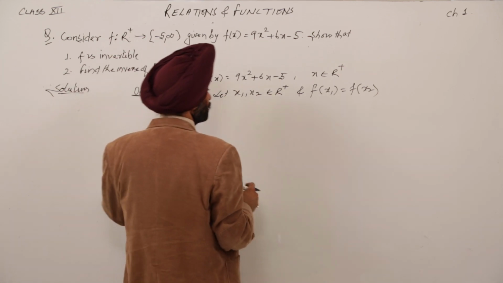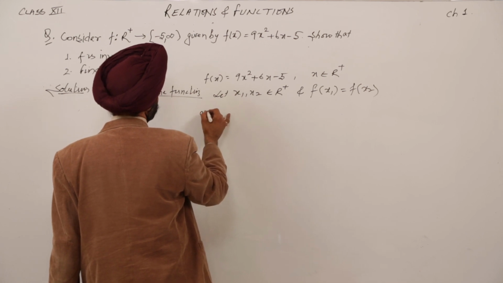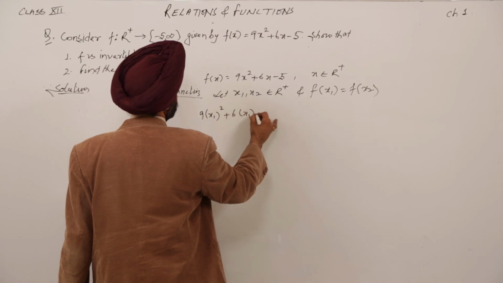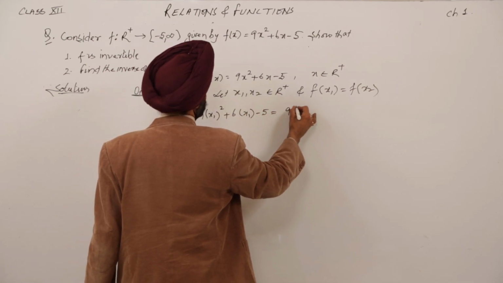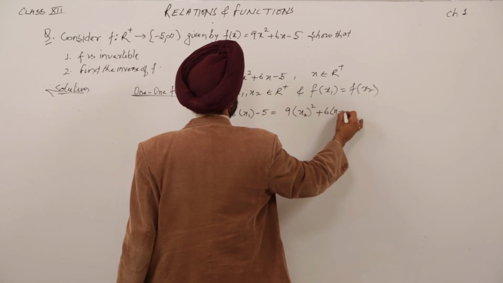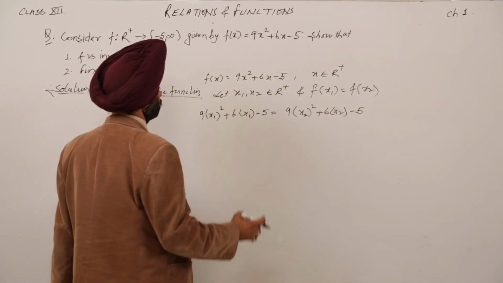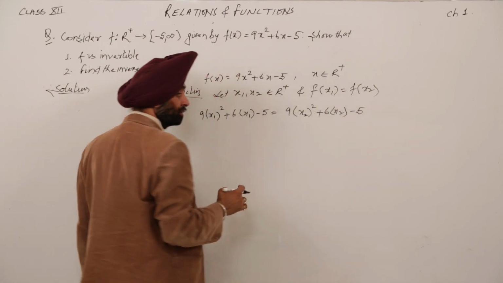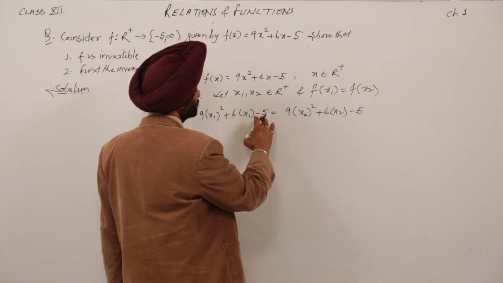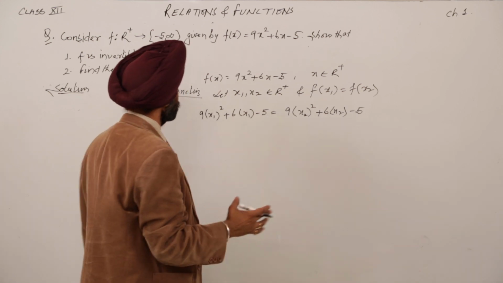Now let's move on. From here we are solving 9(x1)² + 6x1 - 5 = 9(x2)² + 6x2 - 5. Now minus 5 and minus 5 are like terms on the left hand side and right hand side, so they can be deleted, or in other words minus 5 goes to that side, becomes plus 5, and minus 5 plus 5 becomes 0.